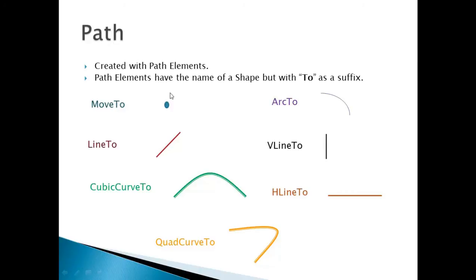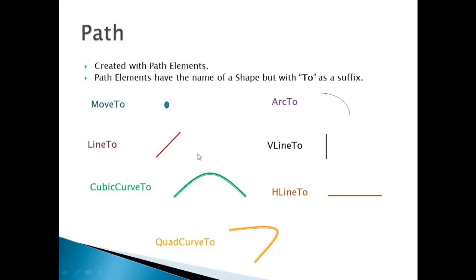We have different path elements, and the one that we will use all the time is the MoveTo. MoveTo is the starting point of the path. We define a starting point, and from that point we will start creating our path. In this video we will review LineTo and CubicCurveTo.